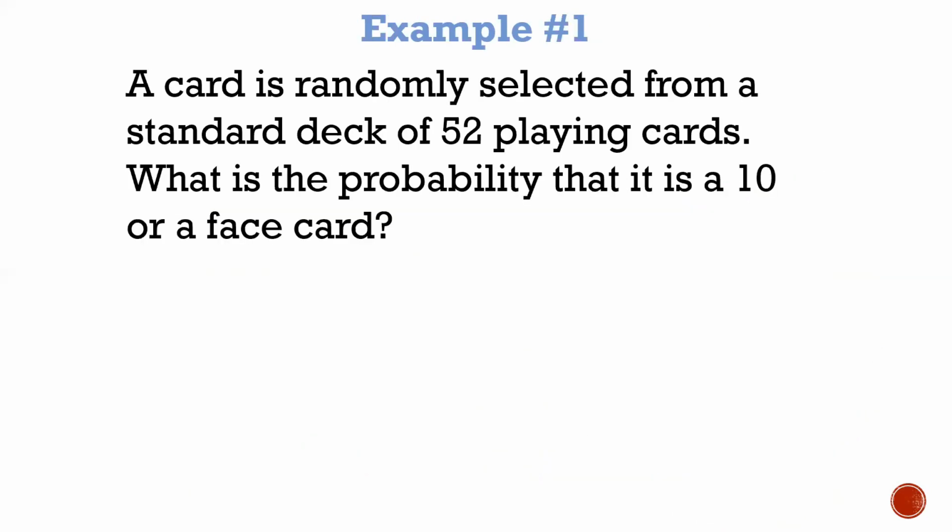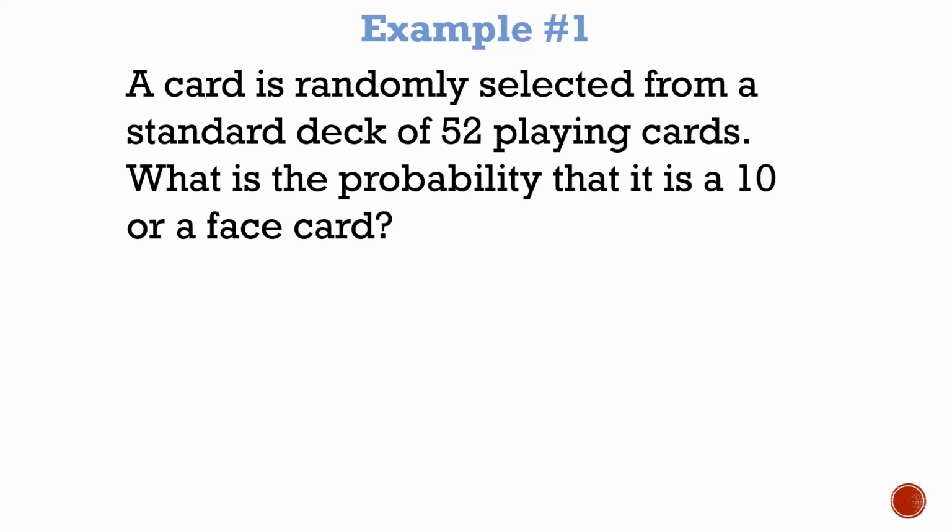So, you can think about the second formula as being its own thing, or you can think of it as not really a formula. It's just part of the first one. So here's a probability. You've got a standard deck. What's the probability that a card is a 10 or a face card? So are these considered overlapping events?